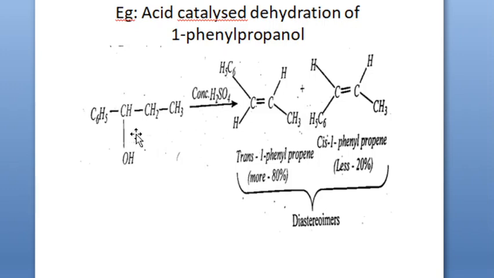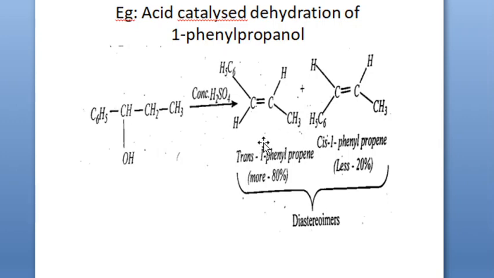So your dehydration results in 2 isomers of a substituted alkene, and one is trans 1-phenyl propene and the other one is cis 1-phenyl propene. Both carbon chains on the same side is cis, carbon chains on opposite sides is trans.